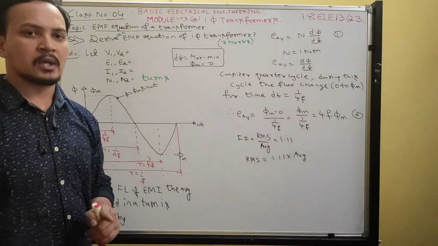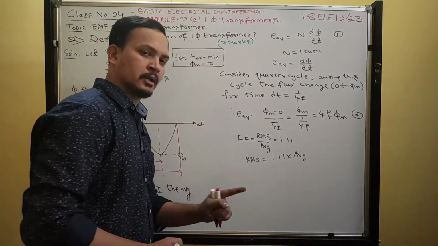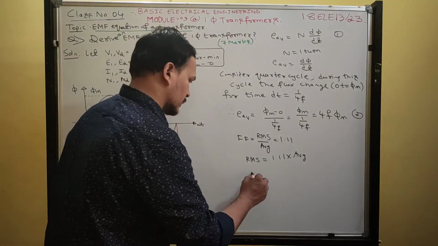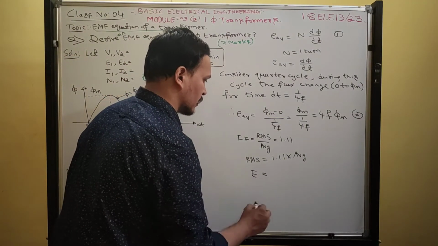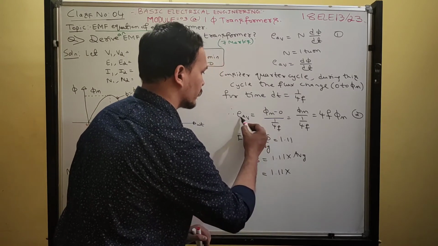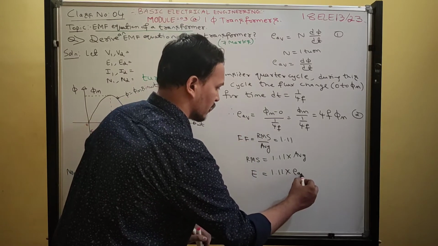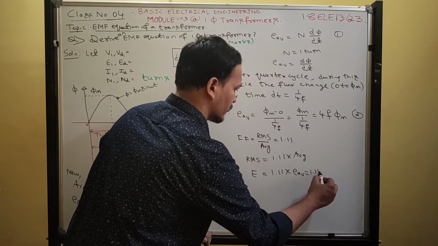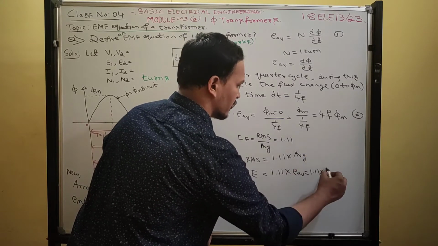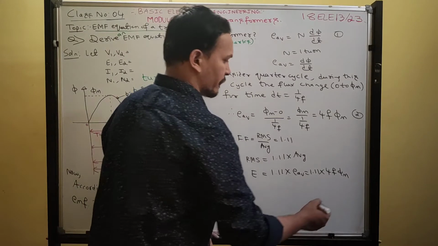See, RMS value I will write in capital letters. So therefore I am writing E is equal to 1.11 into the average value, EAV. Okay, now simplify this. 1.11 into 4f pi m volts.